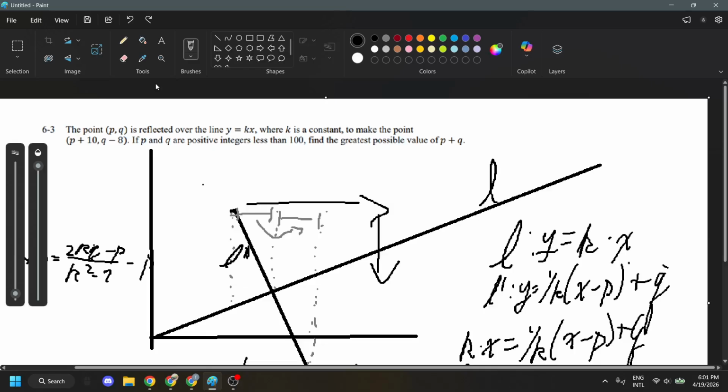So what's the challenge here? I think it's because we have to make it specifically plus 10 minus 8.